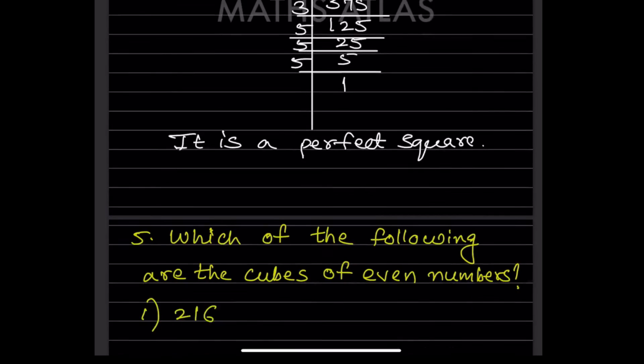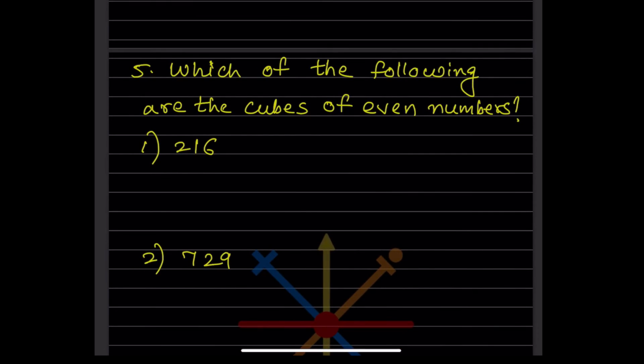Now let us see the next one. Which of the following are the cubes of even numbers? So now here 216. So whenever we have a cube of an even number, it is also even. Here, can you see this one? This is an even number. Why?